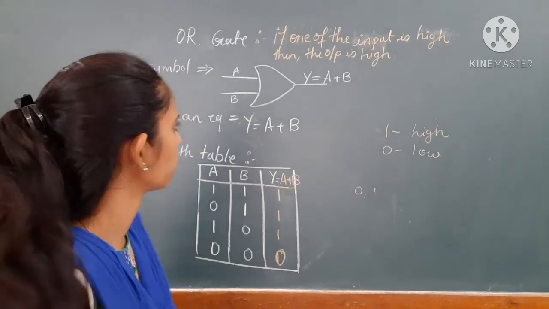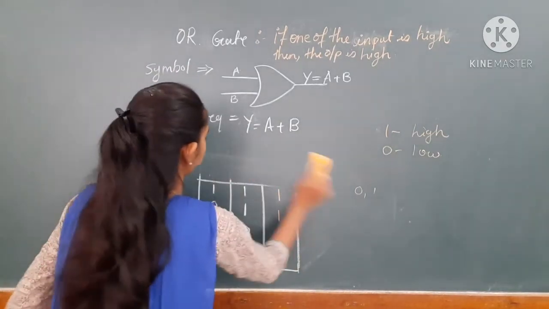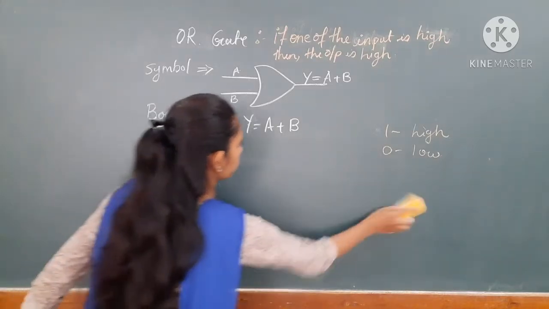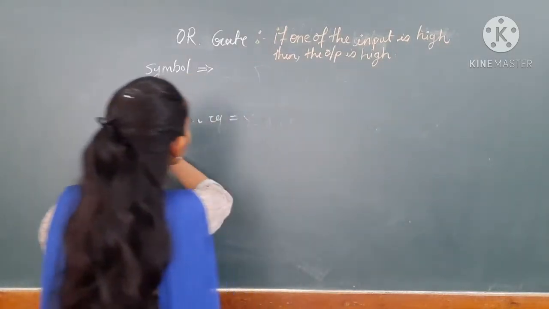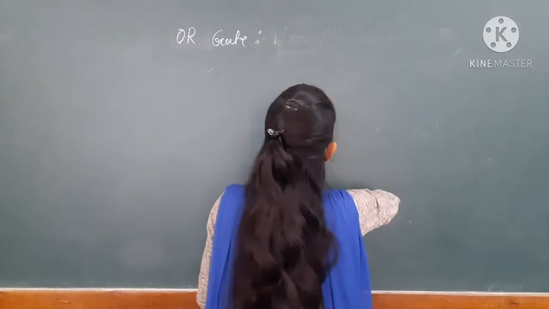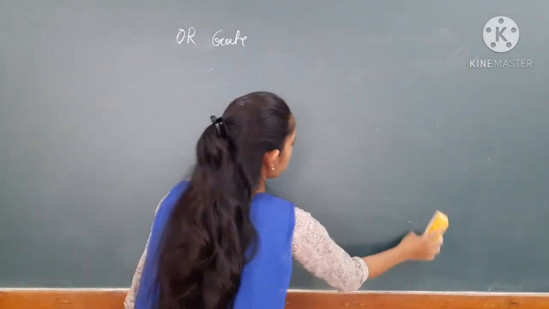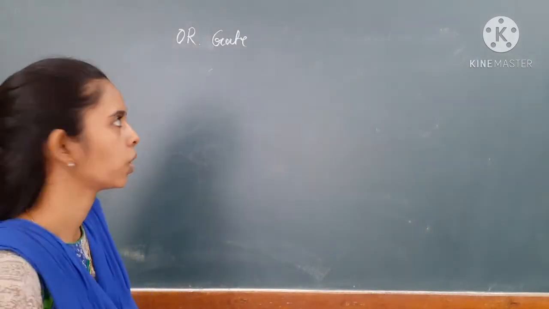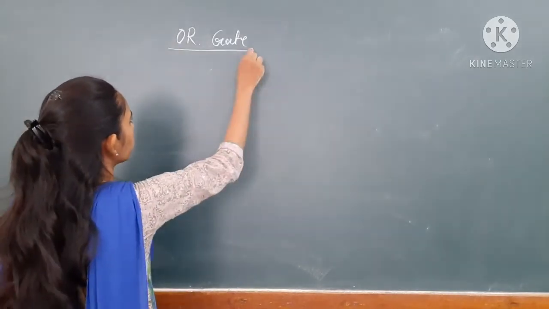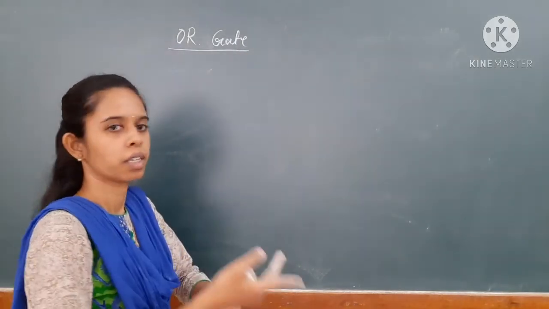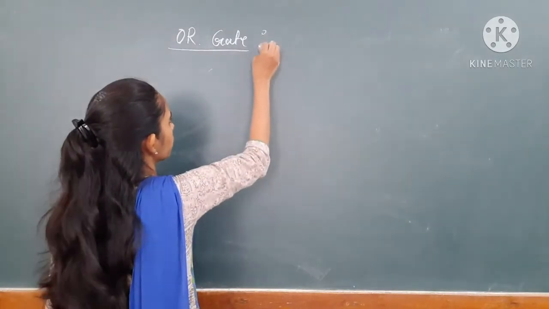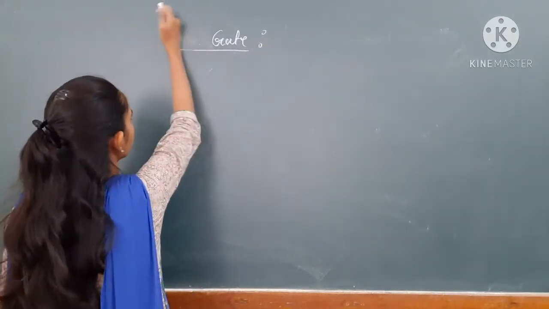Now let us see the next, the NOT gate. The NOT gate is nothing but a negated version. Negated version means that whatever the input is, it will invert it. So it is also called an inverter.